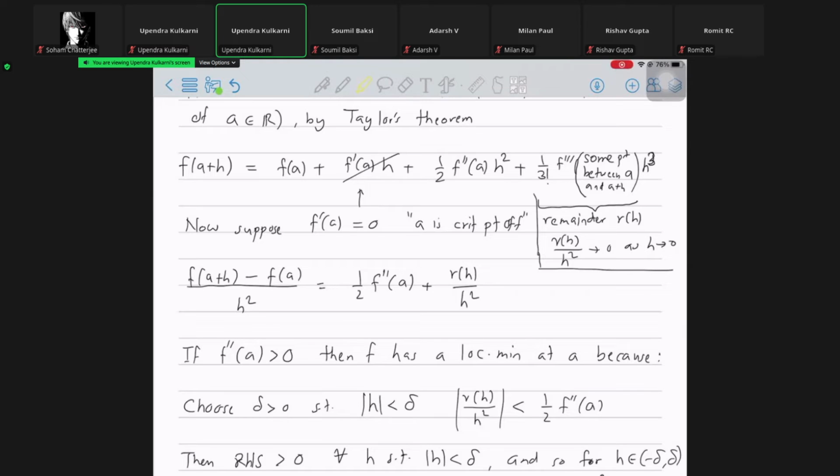Not quite, you see, because the way we did it over here was that this term was a certain fixed positive number. So I just made sure that my h was small enough such that the remainder divided by h square could never beat this fixed number. And so within that neighborhood, this term dominated.